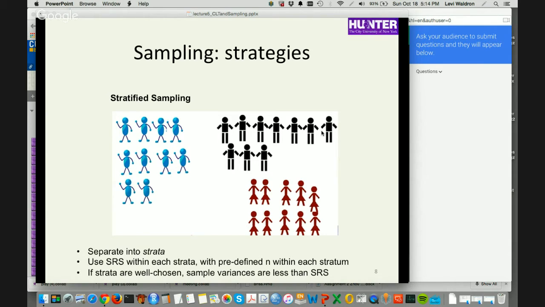Stratified sampling is an important refinement of the simple random sample.